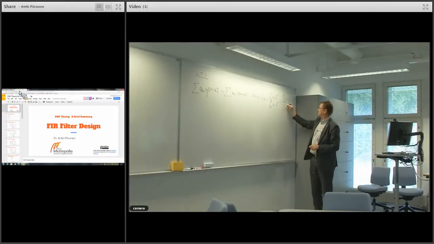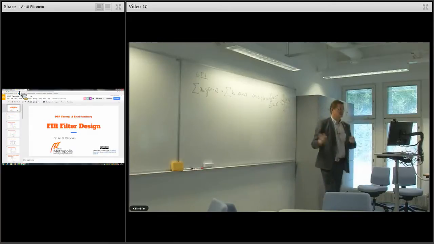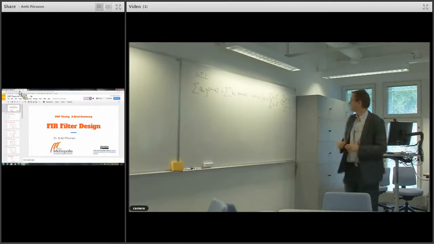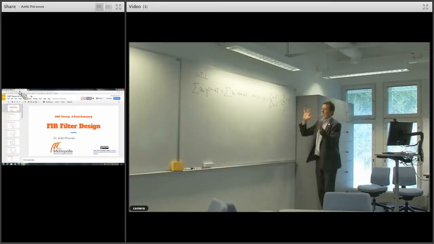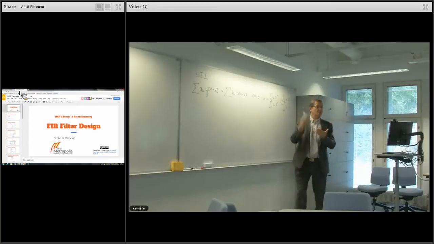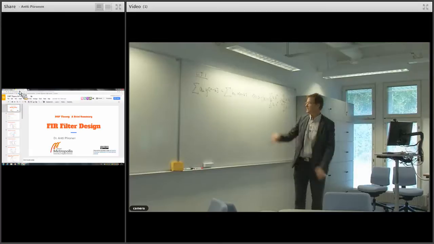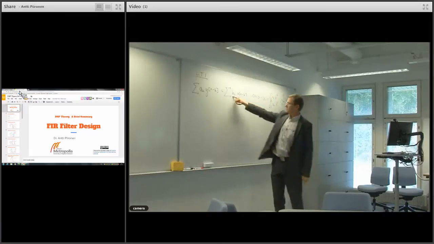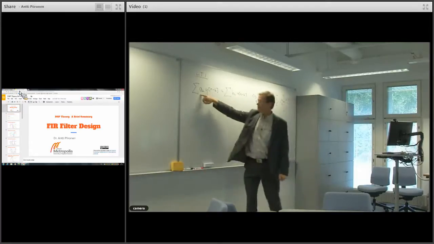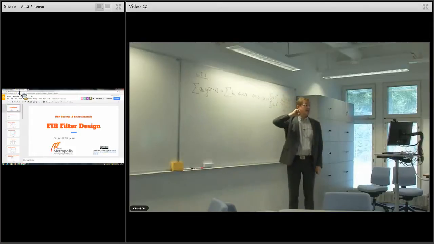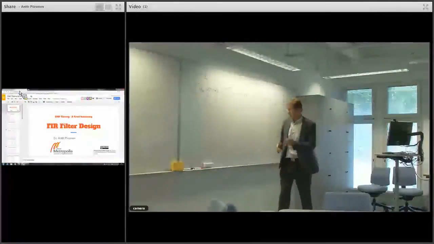Here k from 1 to N, z minus p_k, and then there's a constant, basically b0 divided by a0, at the beginning to have the same scaling. So basically when you are designing a system, you need to figure out what the system parameters A and B are.